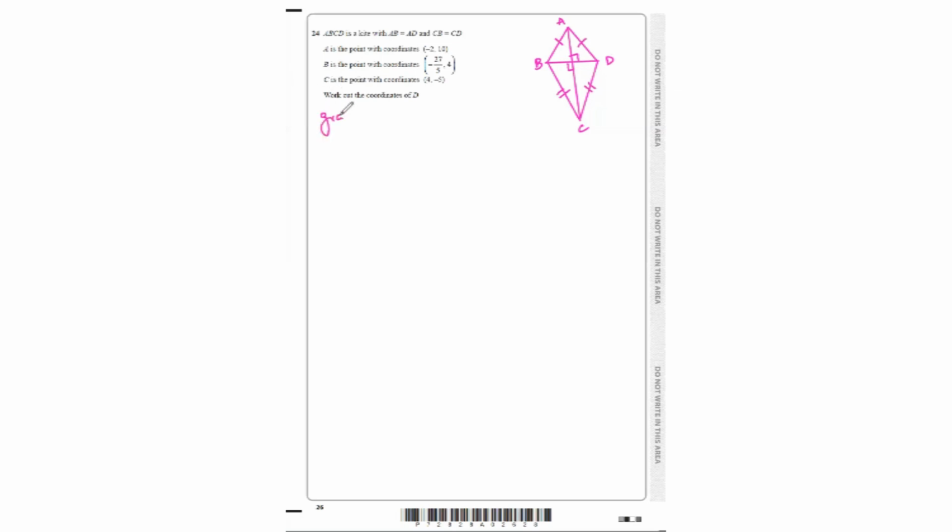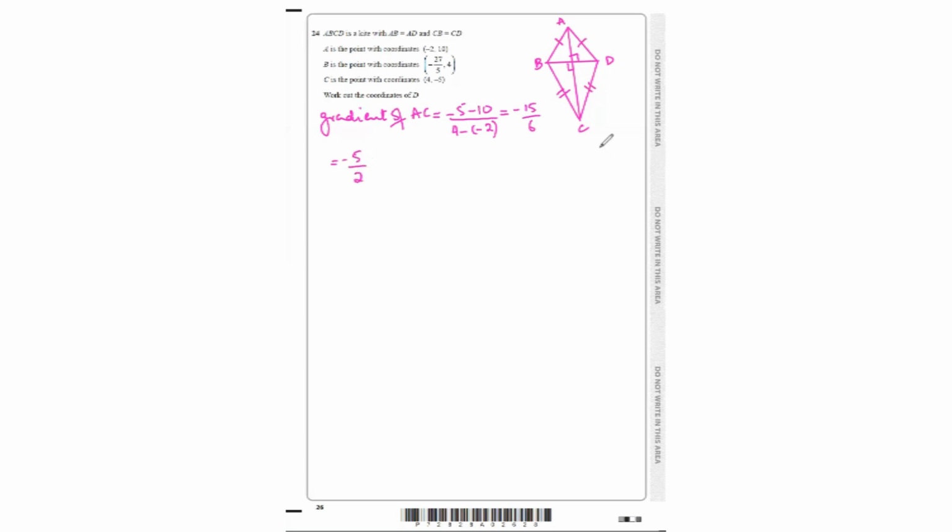So gradient of AC is going to be negative 5 minus 10 over 4 minus negative 2. That gives us negative 15 over 6, which simplifies to negative 5 over 2.